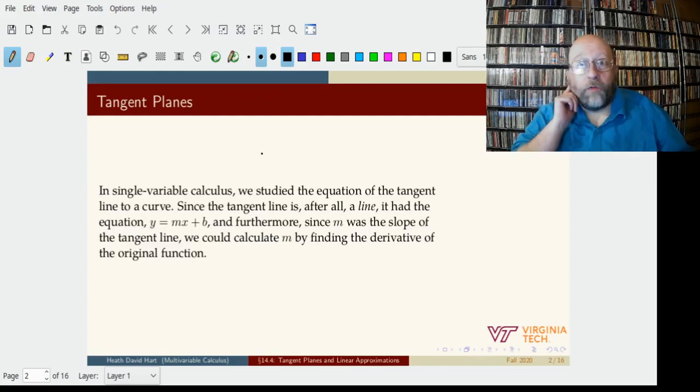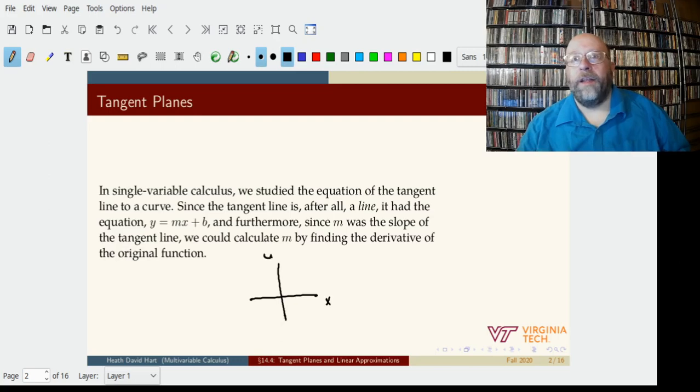So, reviewing a little bit from single variable calculus, when we wanted to find the tangent line to a curve, say we had some sort of curve here, and we wanted to find, say, a tangent line at some point. Well, it's a line.